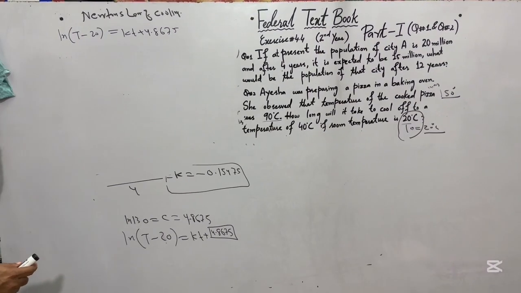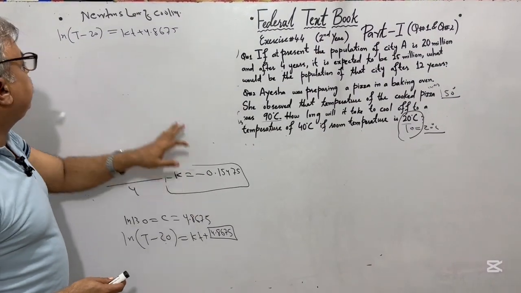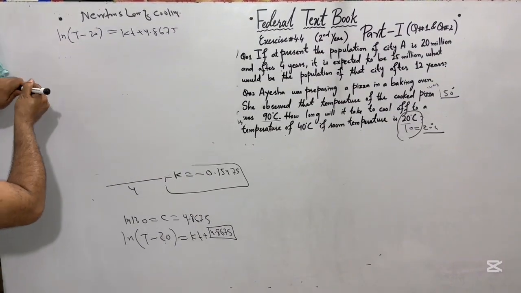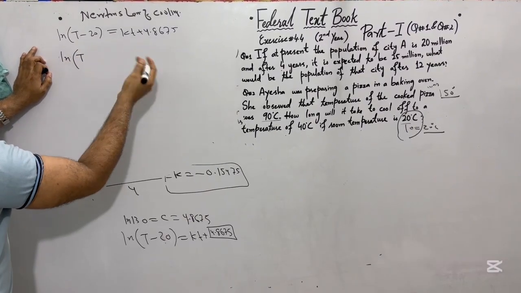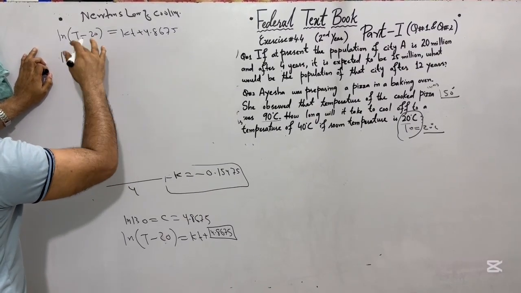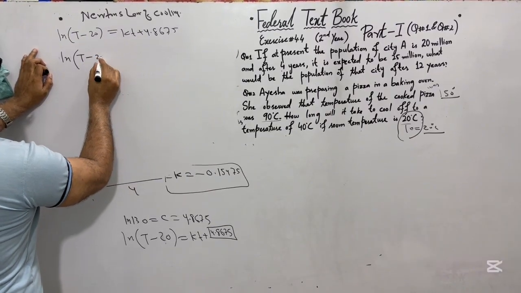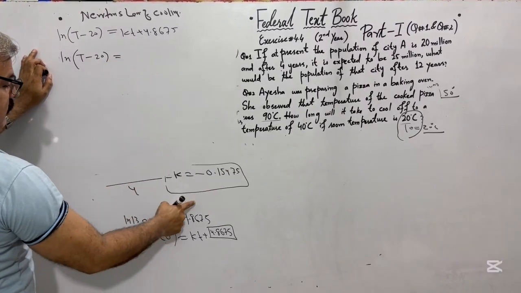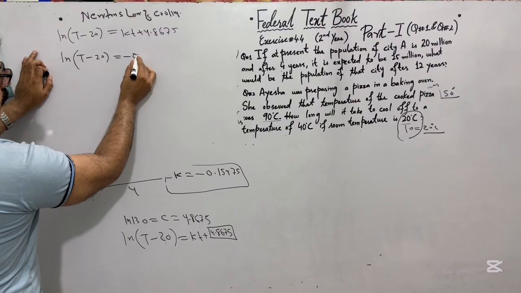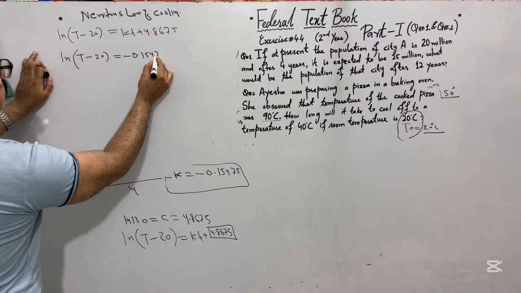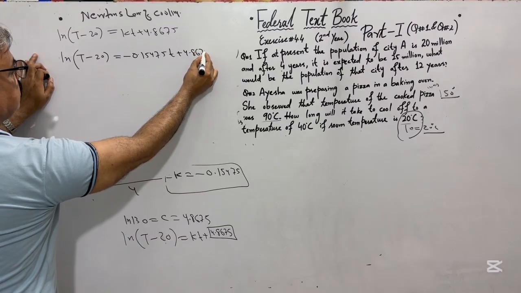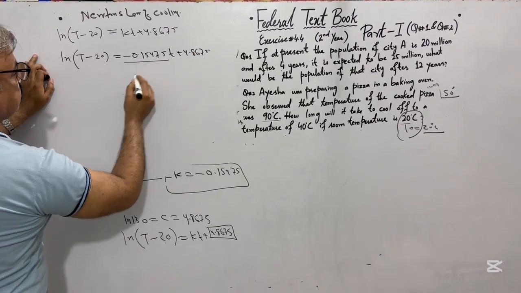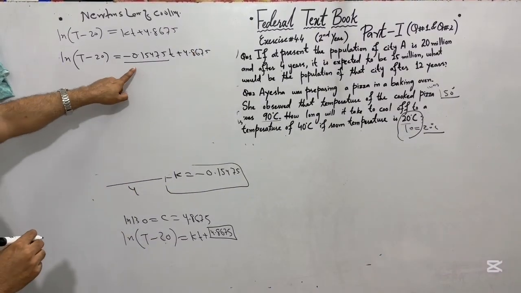Wait. Let me put this value of K here, and we are finally in a position to determine the specific time at the specific temperature. ln of T minus 20 equals K, which is negative 0.15475, times t plus 4.8675.